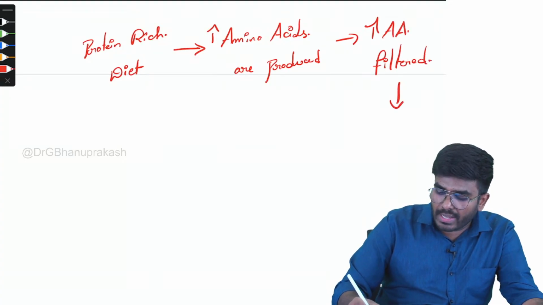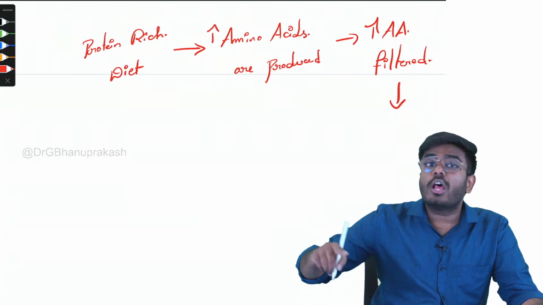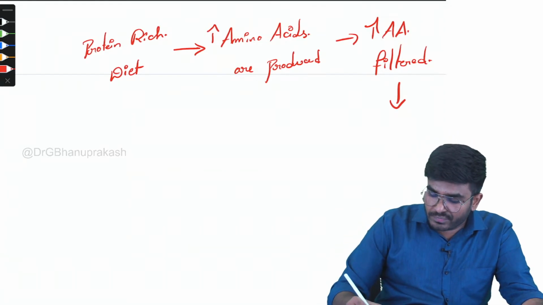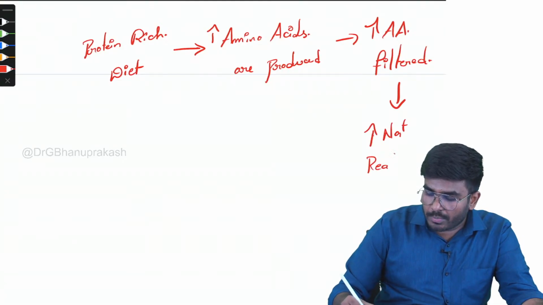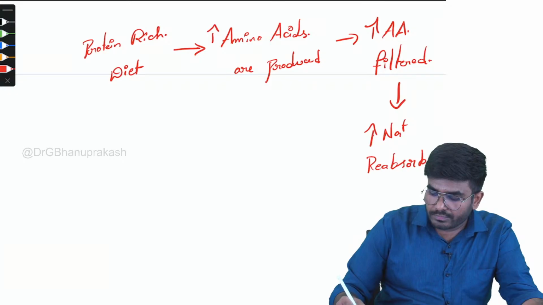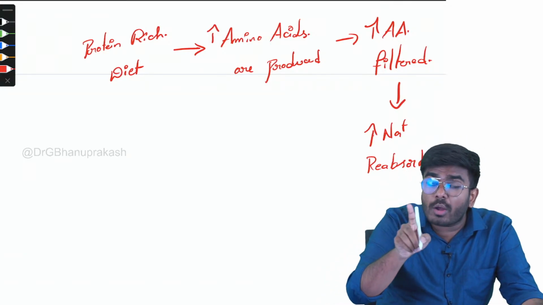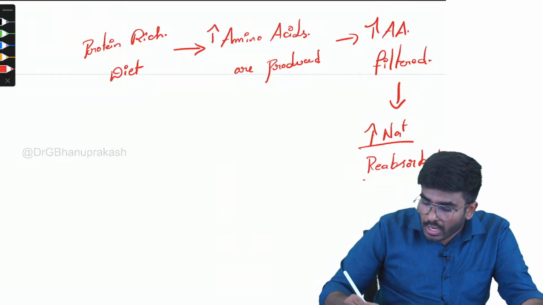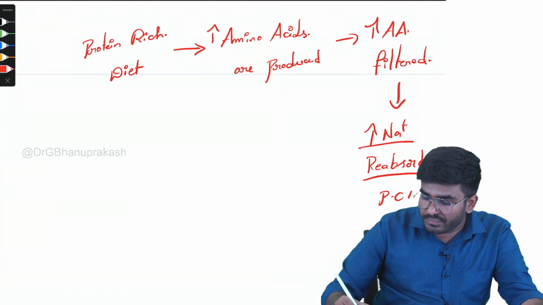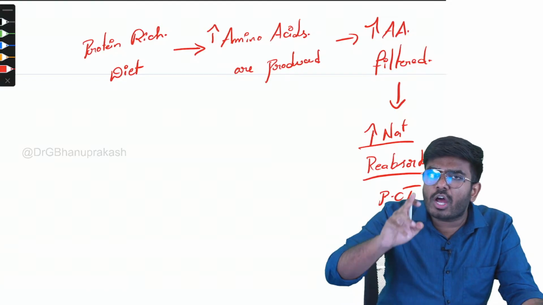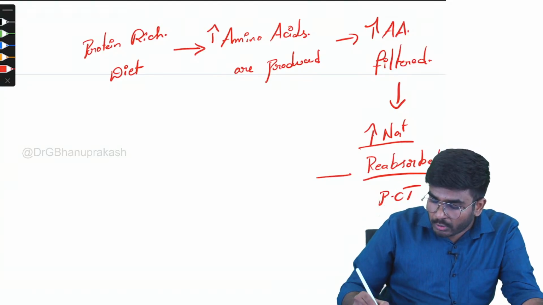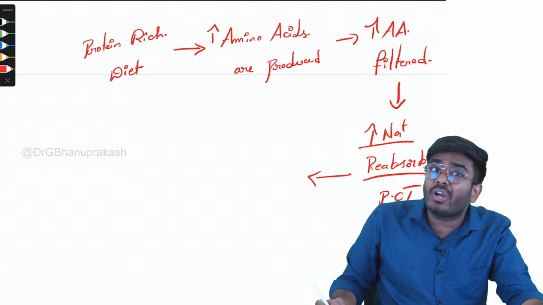If more amino acids are filtered, then to reabsorb all those amino acids, more and more sodium is reabsorbed in the PCT. So if more sodium is getting reabsorbed in the PCT, what happens to the amount of sodium reaching the macula densa?